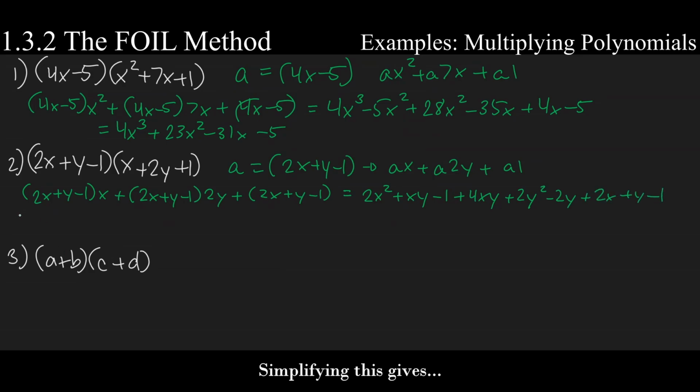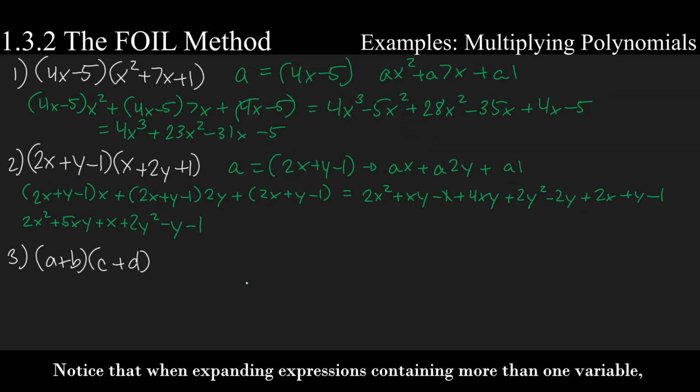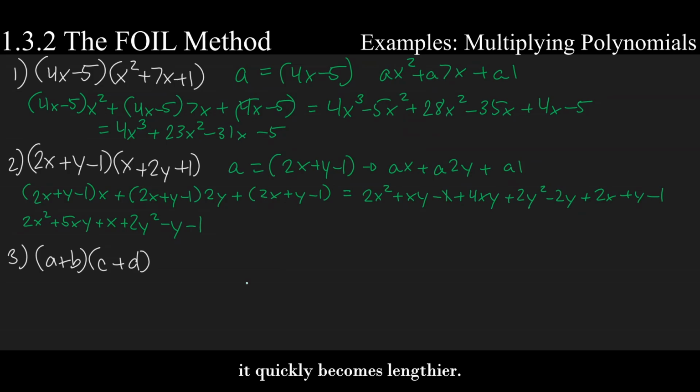Simplifying this, we get 2x squared plus 5xy plus x plus 2y squared minus y minus 1. Notice that when expanding expressions containing more than one variable, it quickly becomes lengthier.